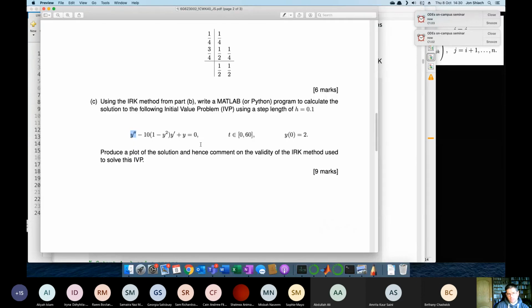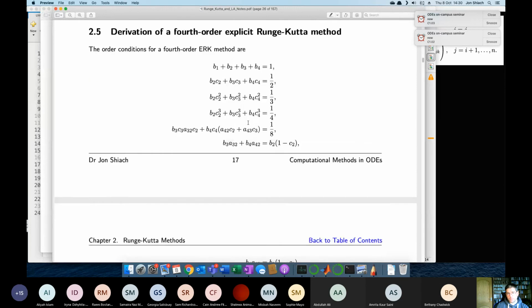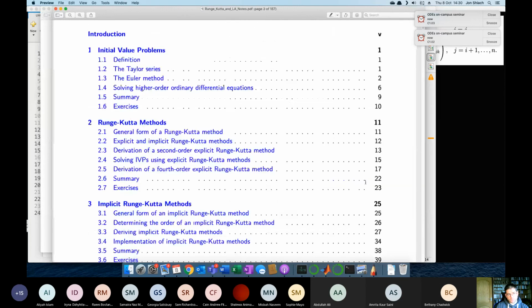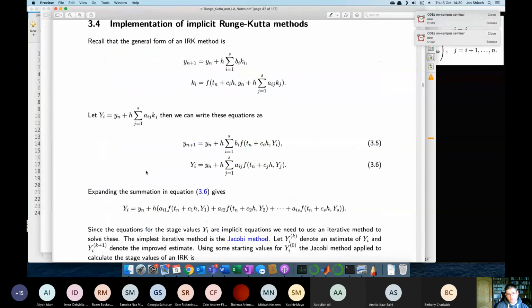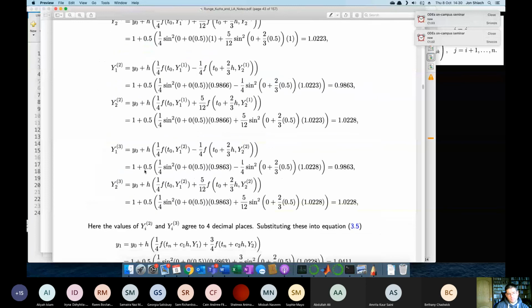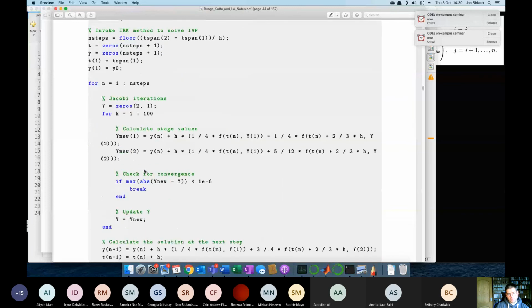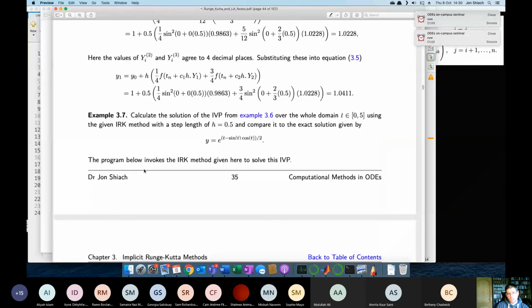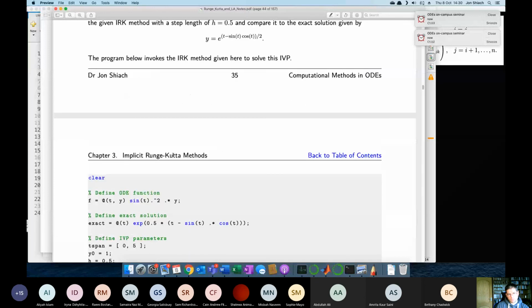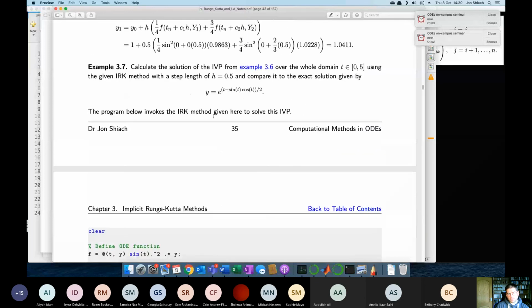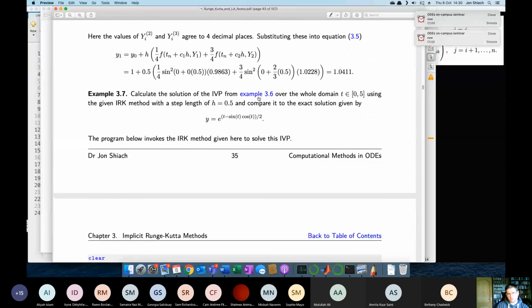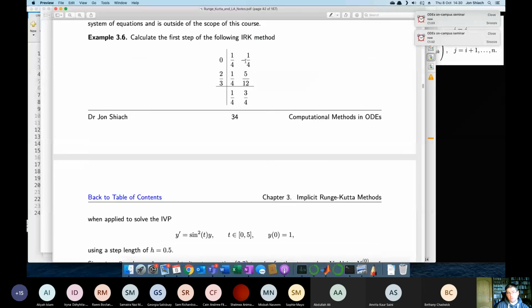And lastly, just before we sign off, I'm aware of the time. If we go to implicit Runge-Kutta methods, there's some code to help you there. For example, 3.6, on page 36, there's example code, and this was for this IRK method.